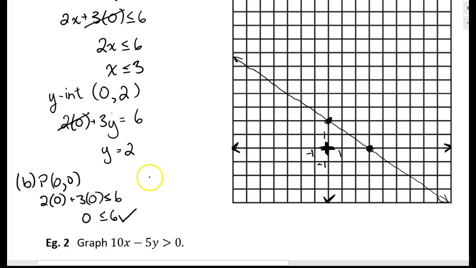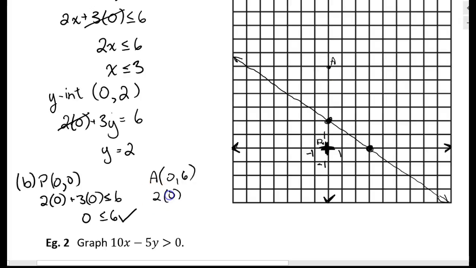If you want to double check to make sure you didn't just make a calculation error, you could choose another point above the line. I usually like to use another point on my axes, just personal preference, because then I still get to use 0 a little bit. So I'm going to use this point here. This is point A. Again, this was point P. So point A is 0 and 6.